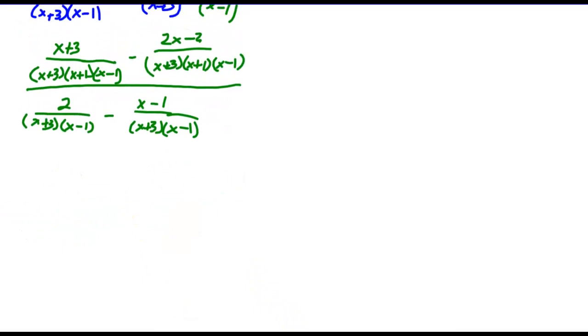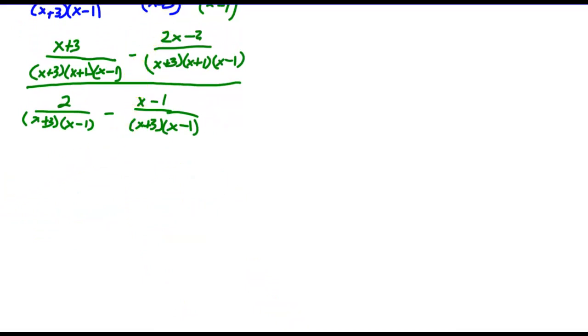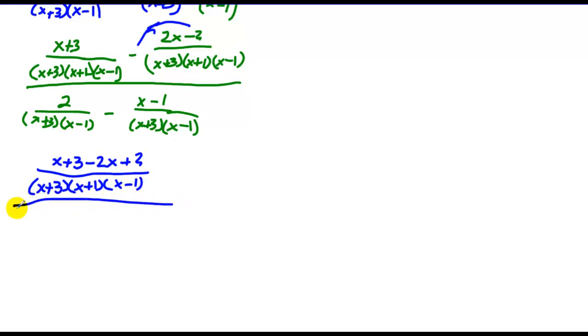Let's bring this back down. Remember, it's not a trick, but remember to distribute your negative to both terms. So I have x plus 3 minus 2x plus 2 over x plus 3, x plus 1, x minus 1 over, distribute the negative to both terms, 2 minus x plus 1 over x plus 3, x minus 1.